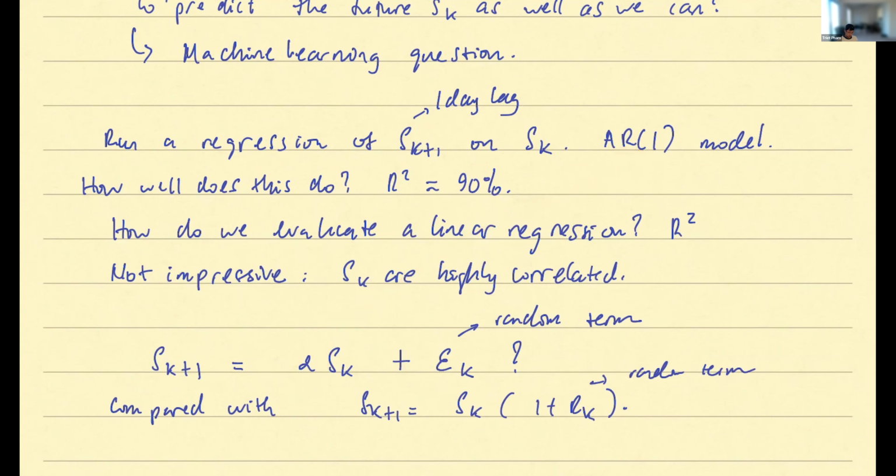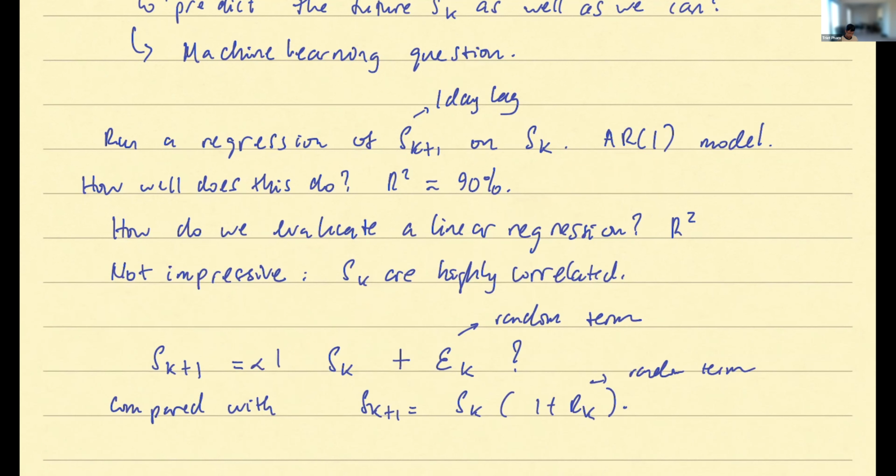Now, if you want to, you can throw in alpha and beta, just to make it like this. These are the coefficients from linear regression.